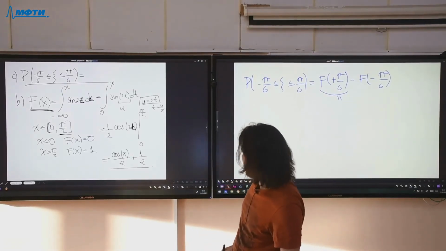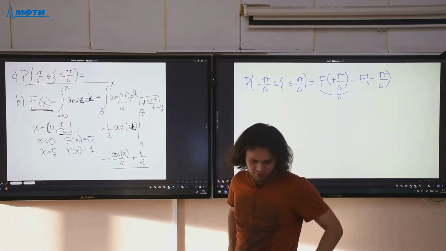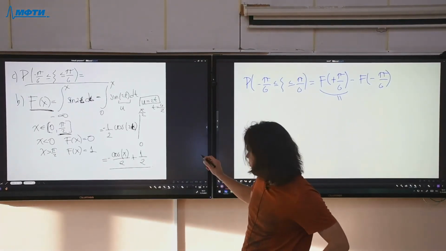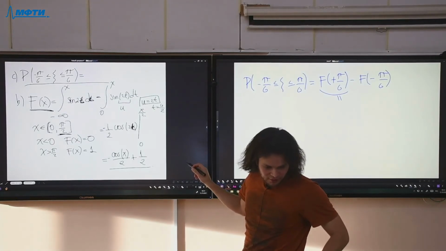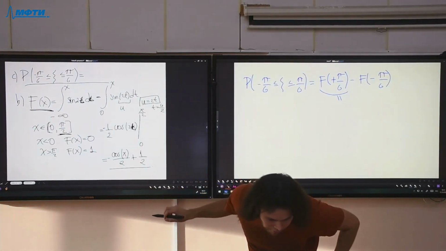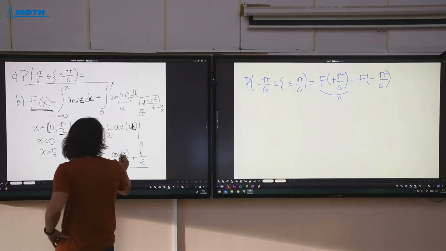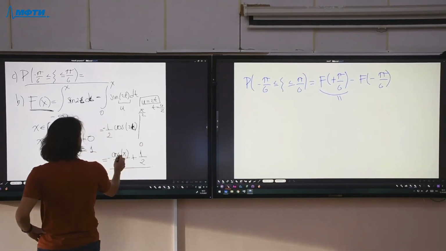By the way, did I do something wrong? Why minus cosine of x? I have written that here is 2x. Why 2x? Here we have t.